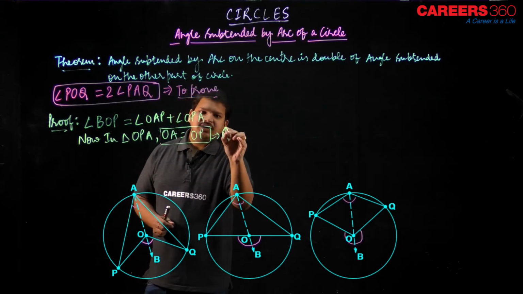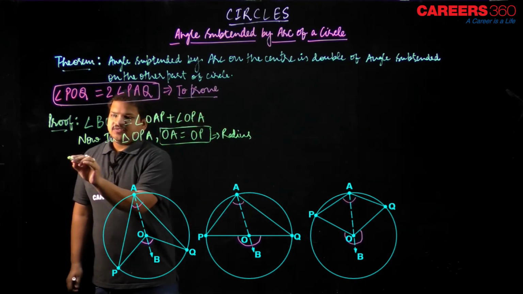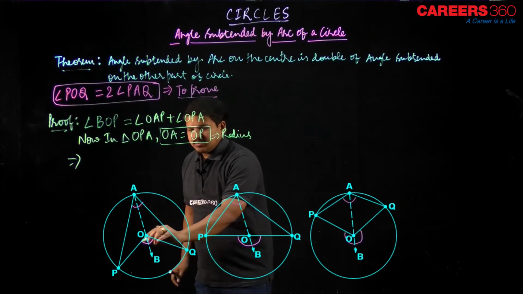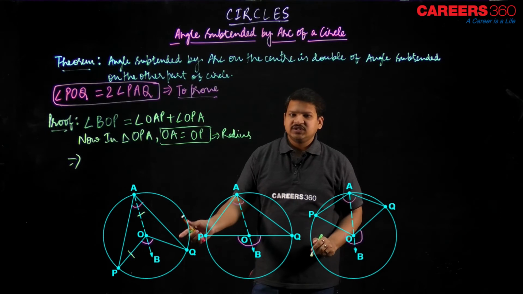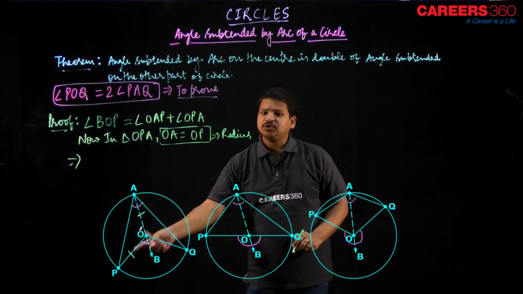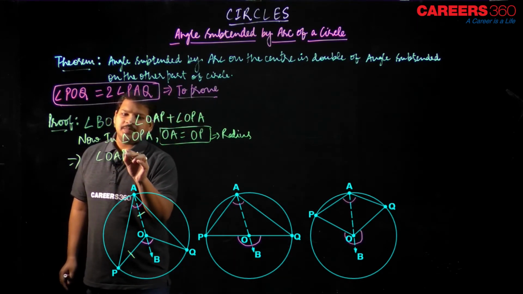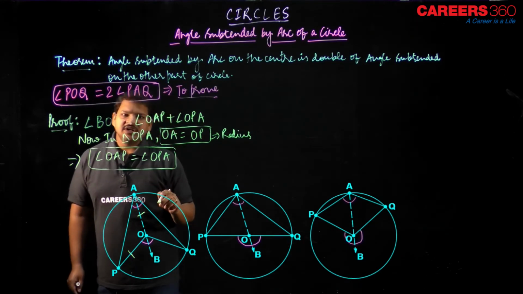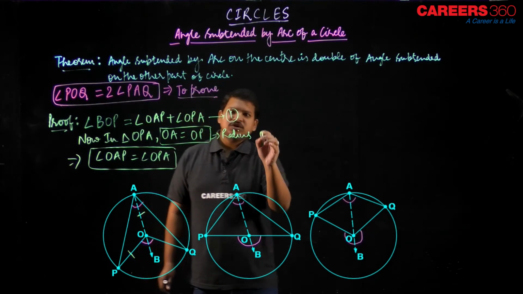Because they are nothing but radii. If these two sides OP and OA are equal to each other, then the angles opposite to them will also be equal. That is, angle OAP will be equal to angle OPA. This is my equation number 1.